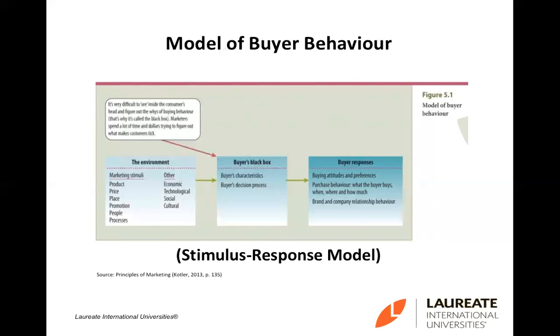They are the stimuli for our customers. You can imagine that at some point you may push your trolley at the supermarket, for instance, and then you find a product and a price tag. That's actually part of the marketing stimuli.